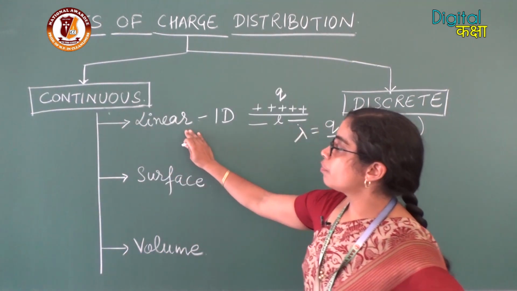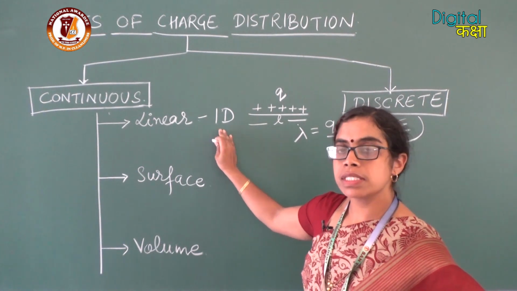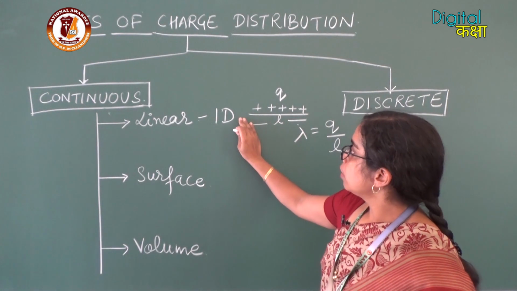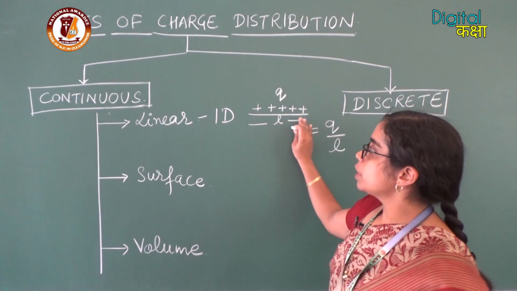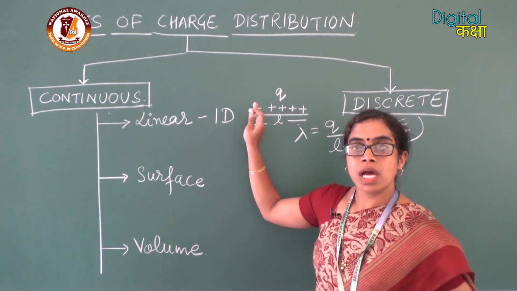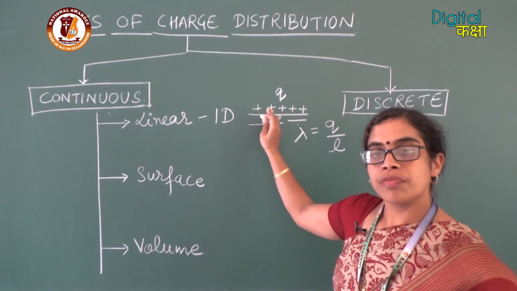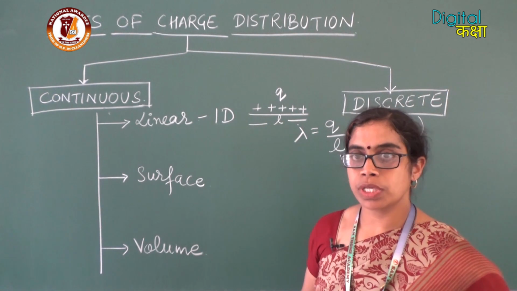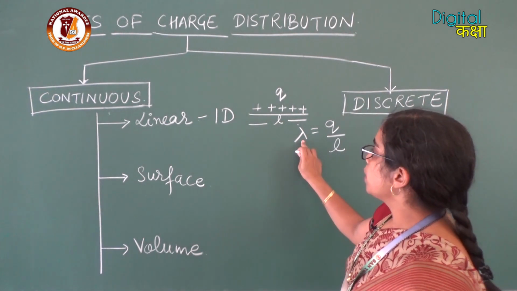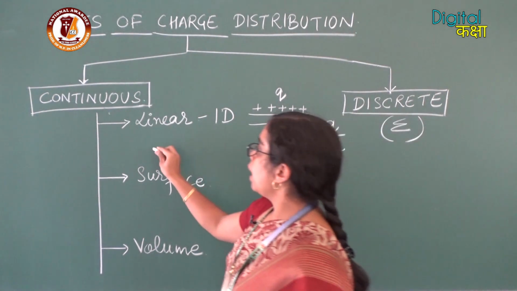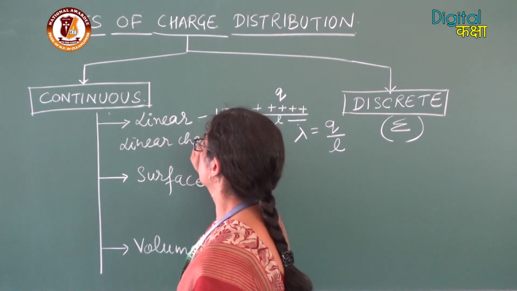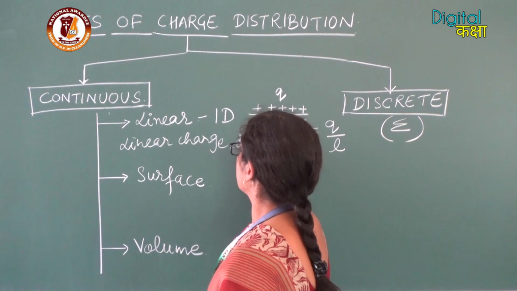The first type of continuous charge distribution is linear charge distribution. When the charge is distributed on any one-dimensional object, a physical quantity is defined for that charge distribution, which is represented by lambda and is called the linear charge density.